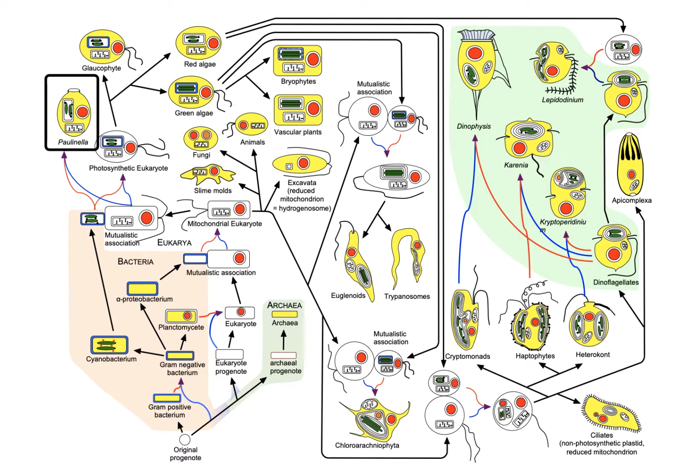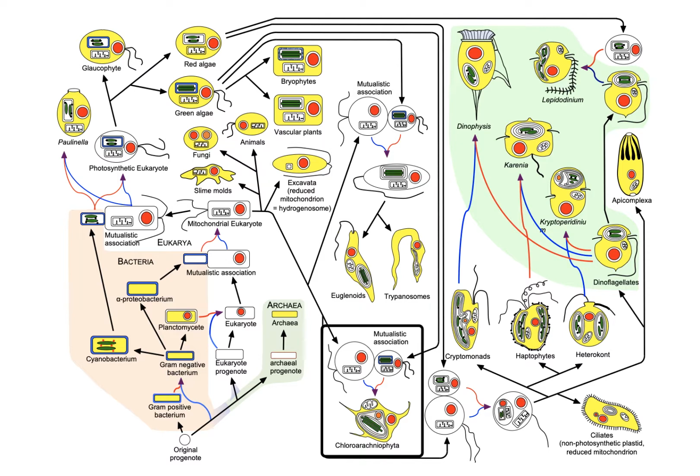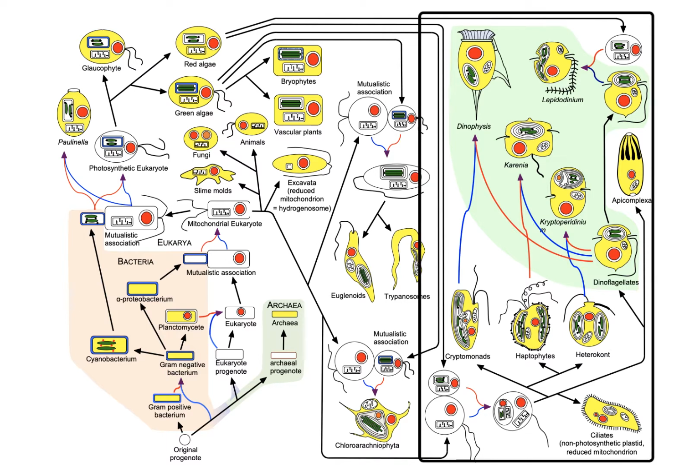A second event to become Paulinella, and then many more events to initiate the excavata, that are a green alga that becomes the endosymbiont of a protist, and the chlorarachnophyta, which are similar events. And then these other ones over here, the cryptomonads, haptophytes, heteroconts, ciliates, dinoflagellates, that is the stromatophiles, the alveolates, rhizaria, haptophytes.